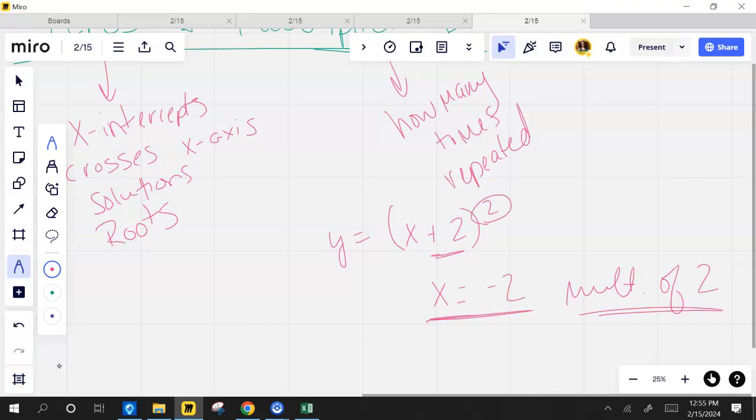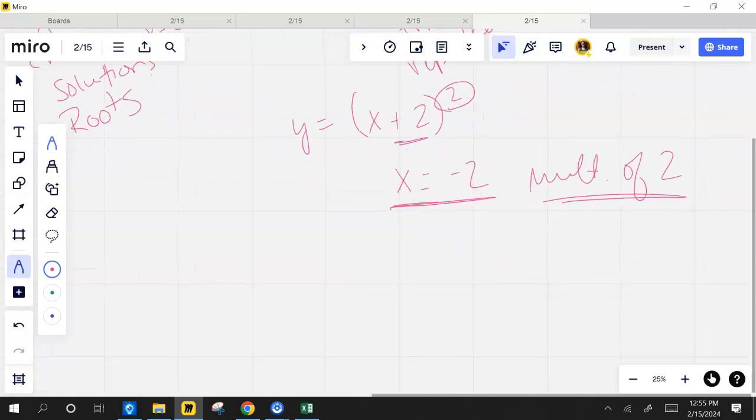Yes, when you're solving, it goes off of how many times that 0 happens. Well, that's where it's going through the x-axis. That's where the points sit on the x-axis.